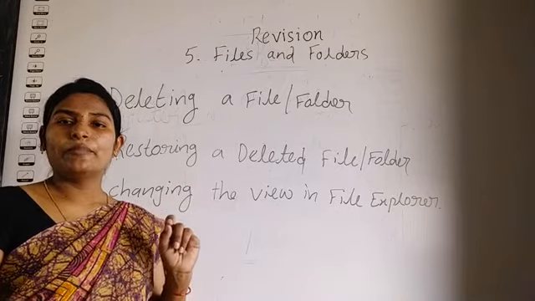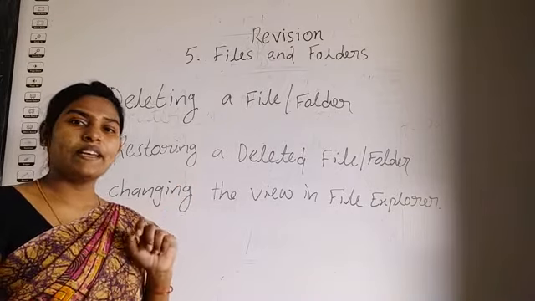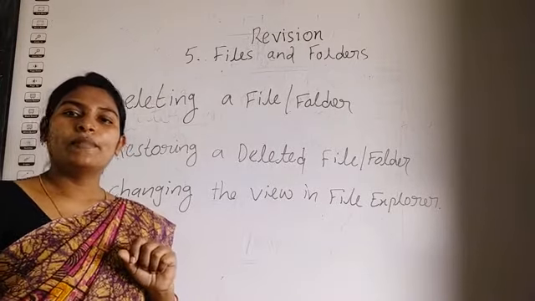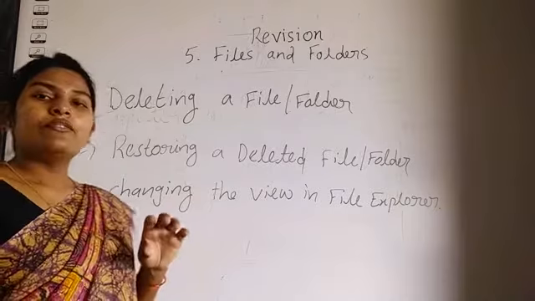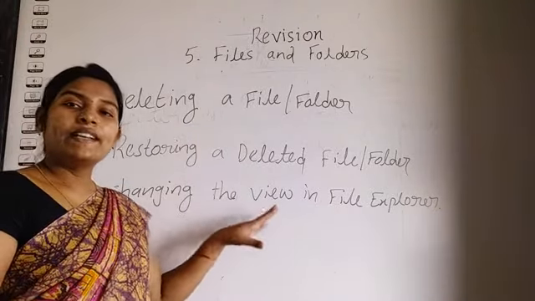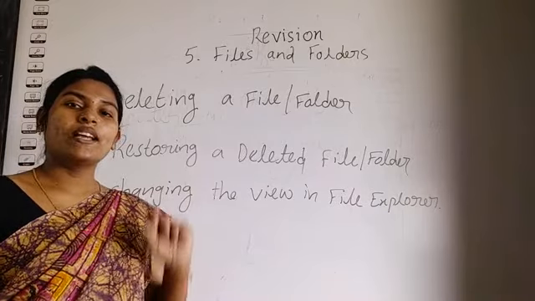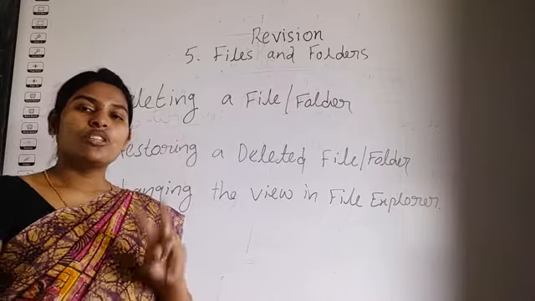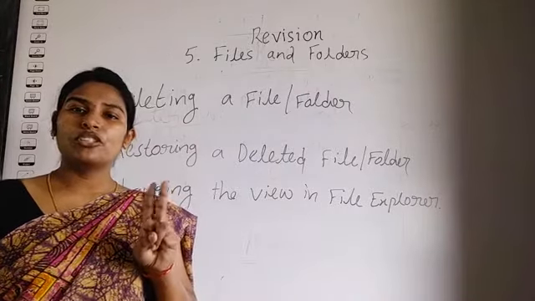You can keep that file or folder in the recycle bin. At that time you click recycle bin. When you click recycle bin, that file is deleted from the content pane, but it is stored in the recycle bin. So of these two options, use whichever one you want.